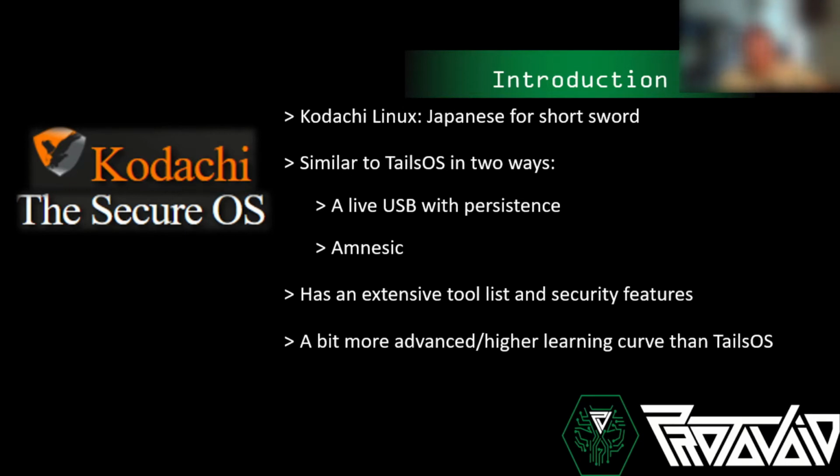But in reality, Kodachi is a more usable, I'll say, live USB or VM. And I say that because it's not just a web browsing and secure communication platform, which essentially Tails is. When you break Tails down, you can access the dark web, you can't access the clear web. They have that actually shut off.